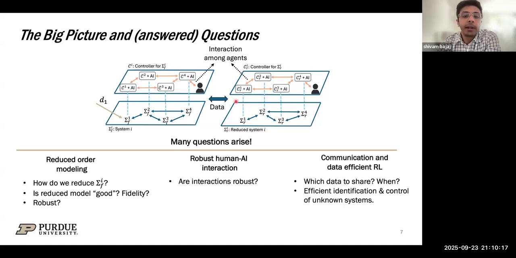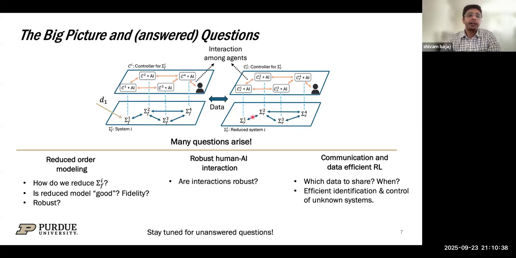And looking at the middle sector, which is the sharing of the data, we can start asking the question, which data to share among the simulation or a reduced system and the true system, and when to share that data. And given the complexity or the scale of these systems, can we design efficient algorithms for identification and control of these systems, right?